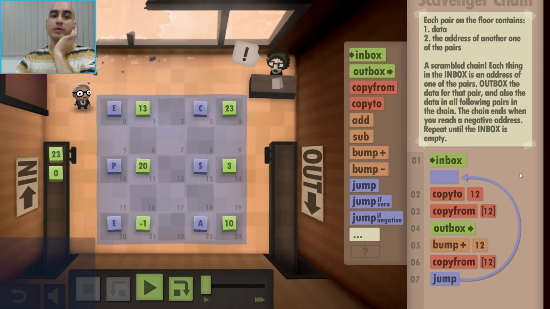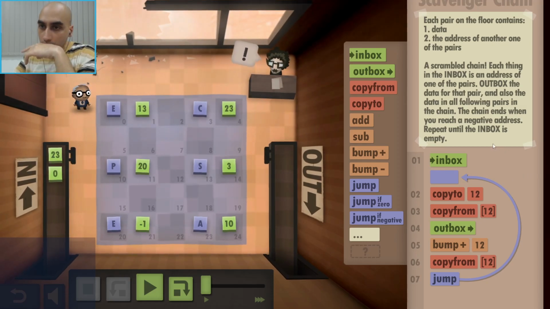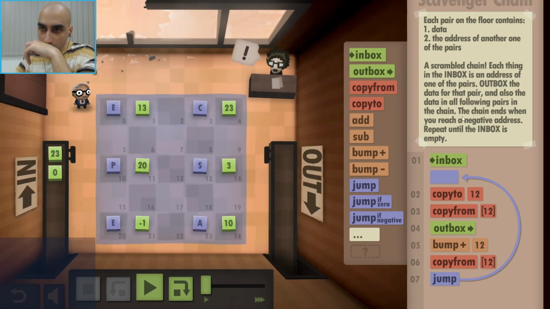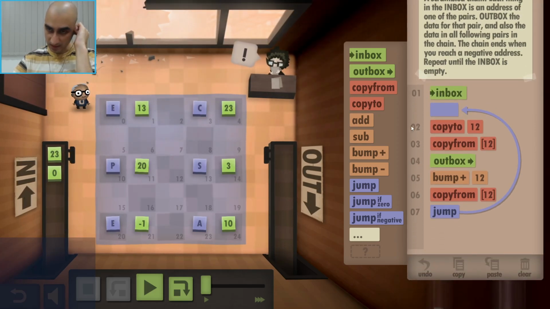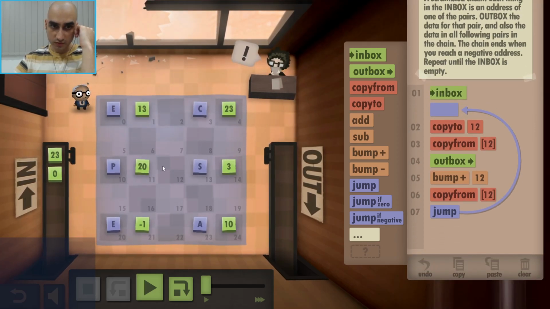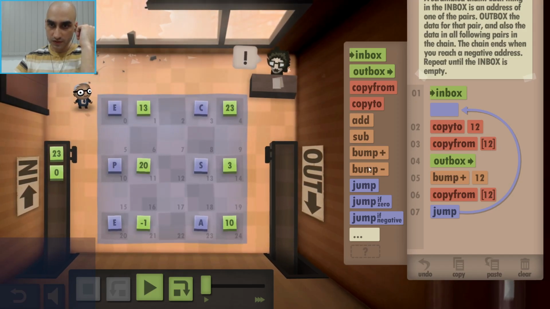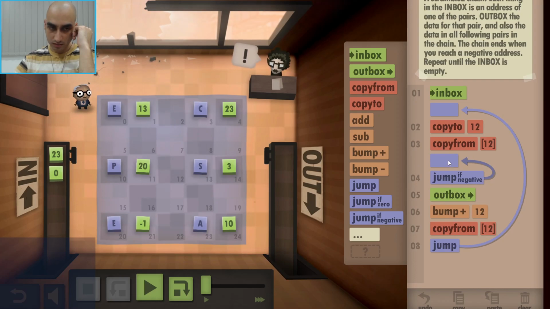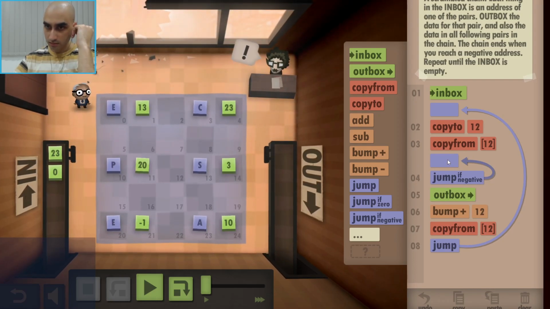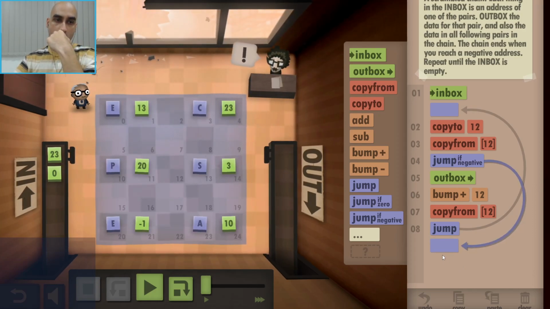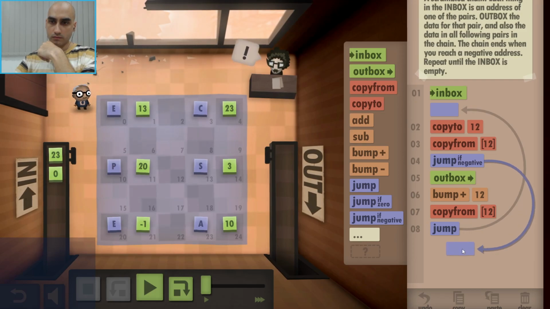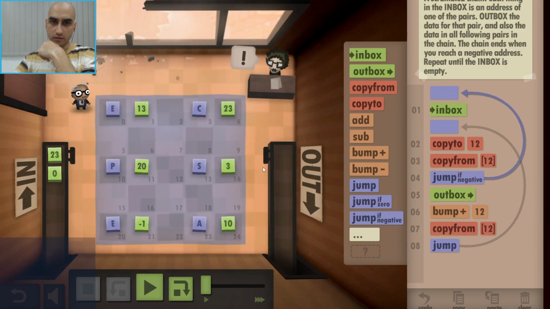So, we stop when repeat and... the chain ends when you reach a negative address. So when you get a -1, so when we pick up, what we do 12. So when we have a negative address here, we reset the whole thing.